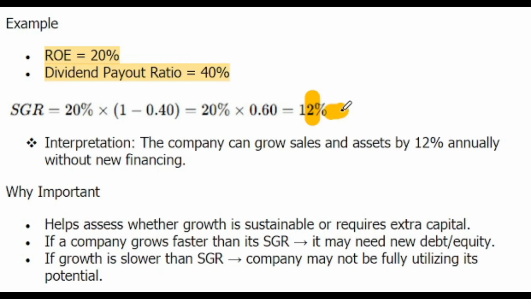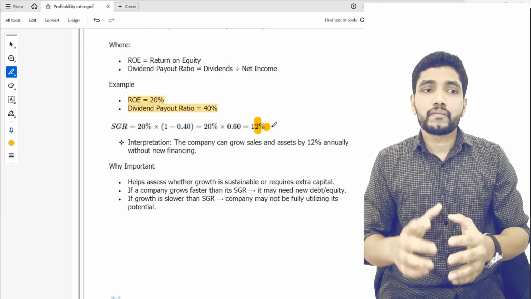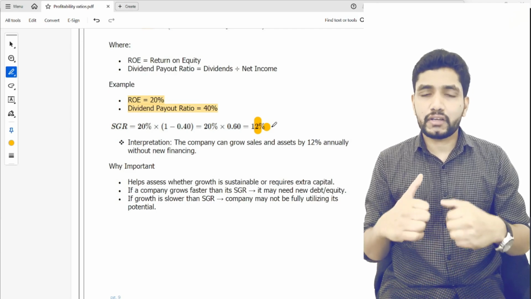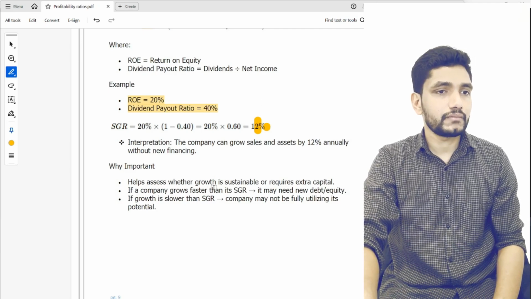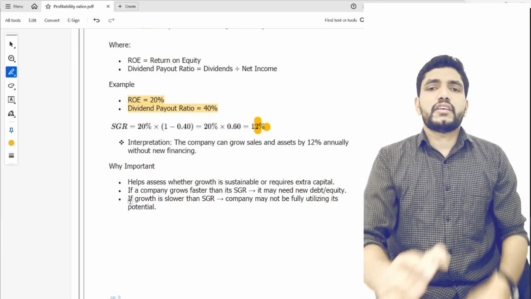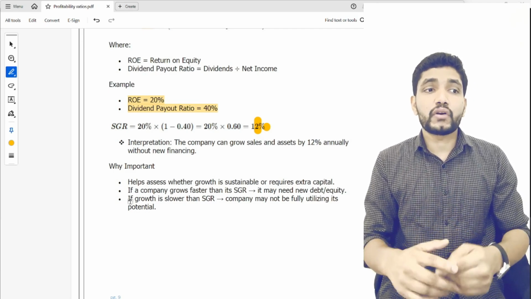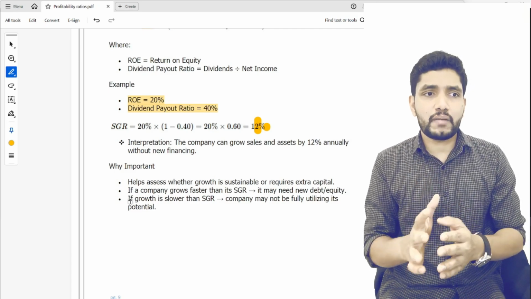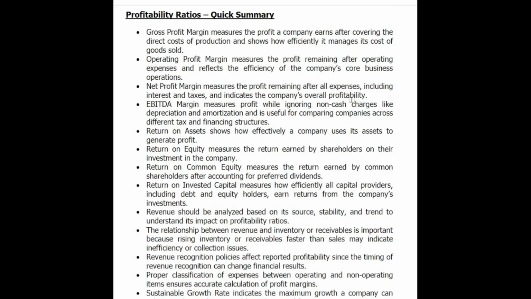If management plans to grow more than 12%, it requires additional debt or equity capital. If the company is growing slower than its SGR, it may not be fully utilizing its potential. So let's conclude this discussion.